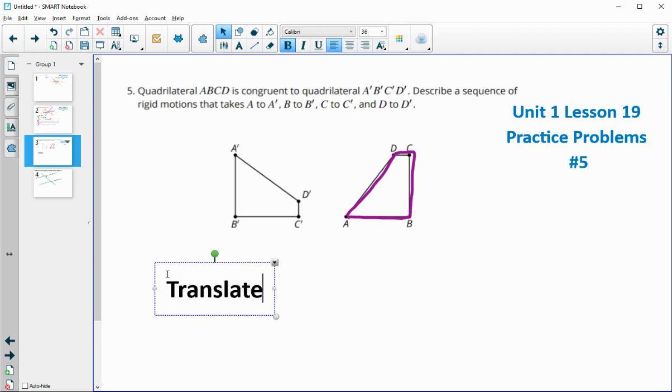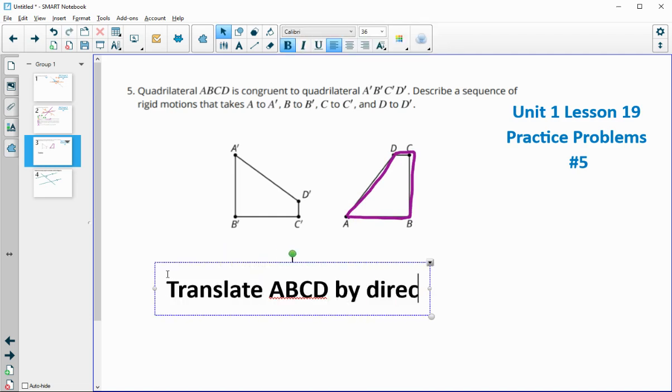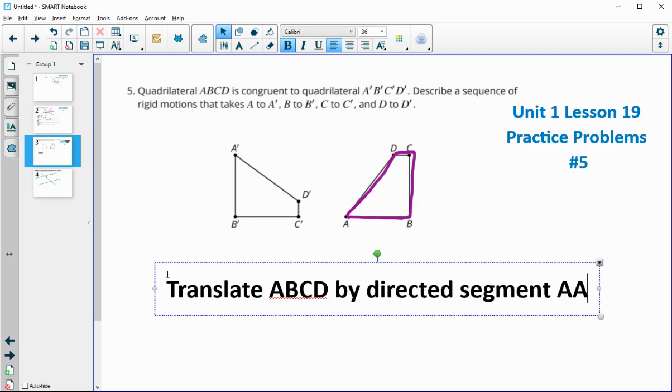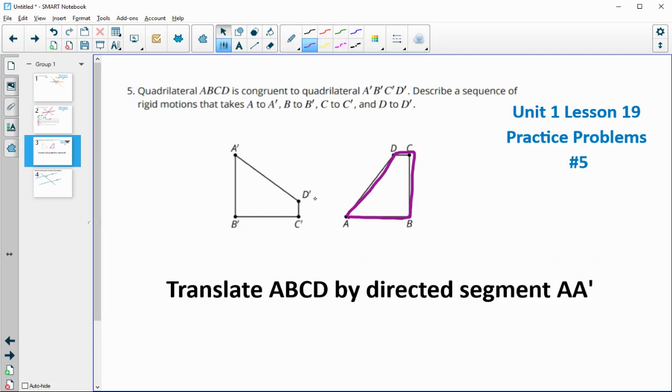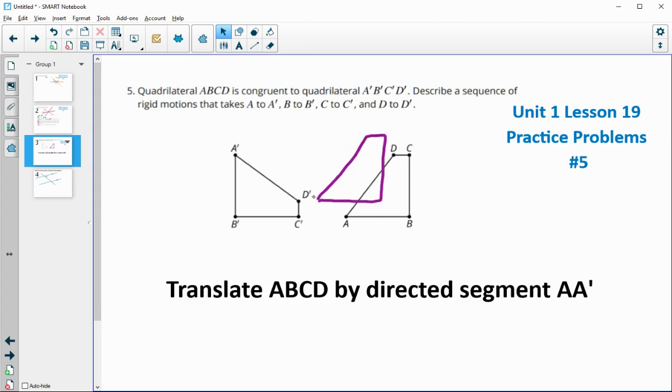So we're first going to translate A, B, C, D by directed segment A prime is fine. You could do B prime, anything that will put the point on its image. That's going to be the first thing, and so I'm going to do A prime. And then this will move to here.